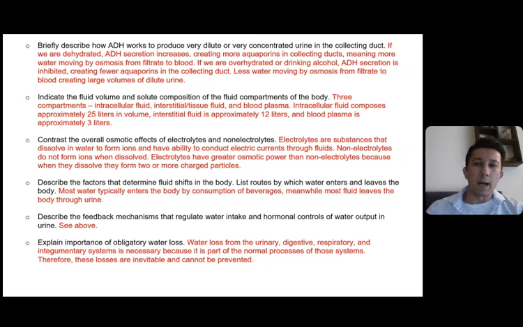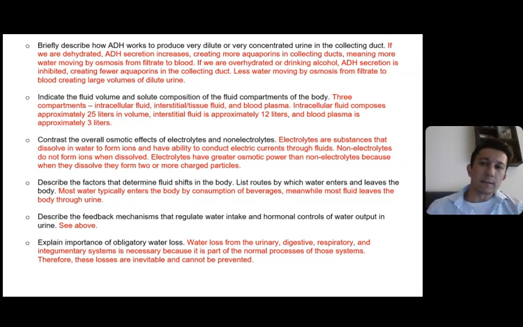So if we are overly hydrated, or if we are drinking alcohol, the secretion of antidiuretic hormone from the posterior pituitary is going to be inhibited, because that's one of the effects of drinking alcohol, and that's why alcohol has the effect of producing high urine output, because it inhibits the secretion of ADH from the posterior pituitary.